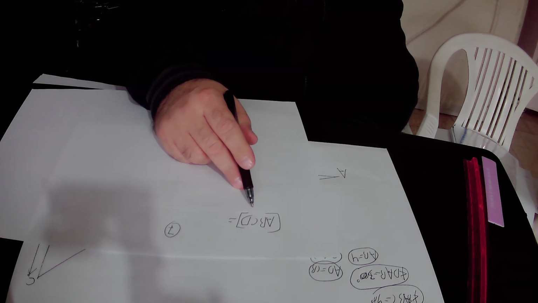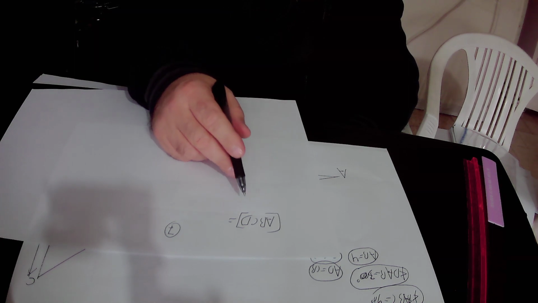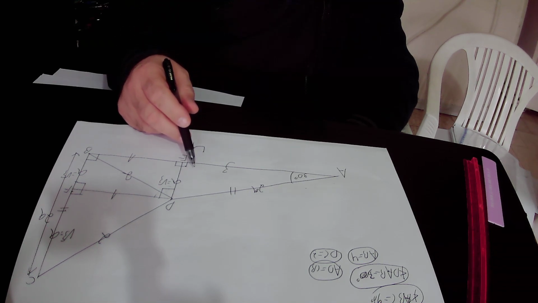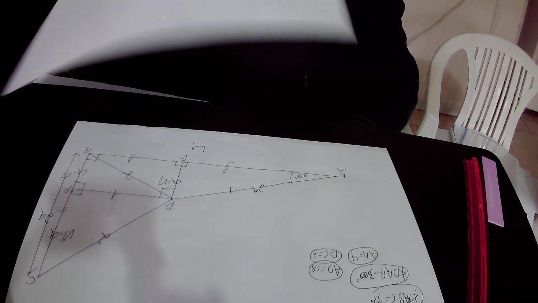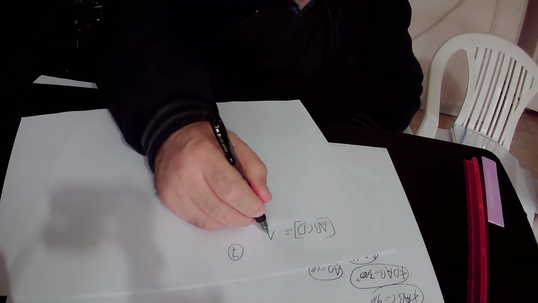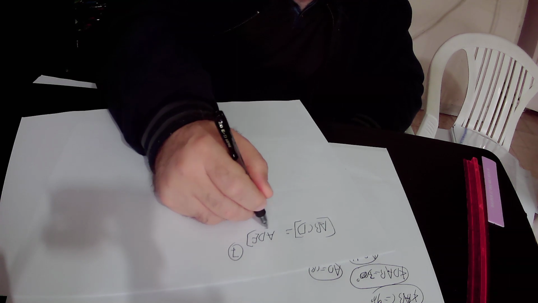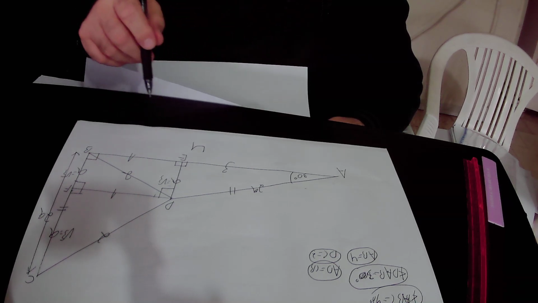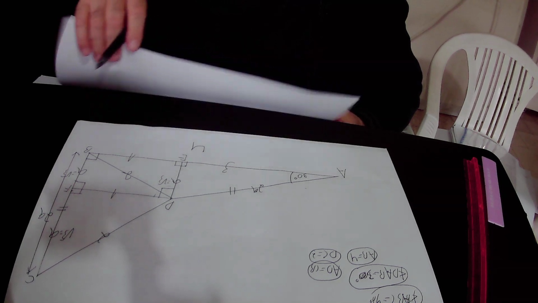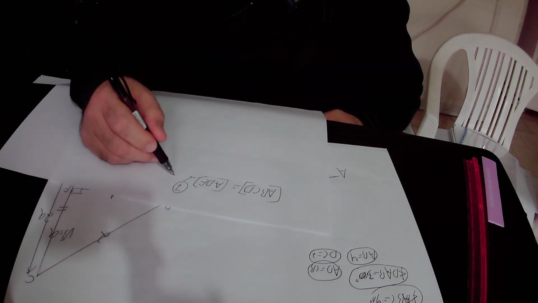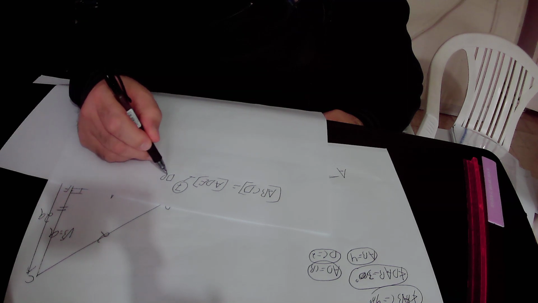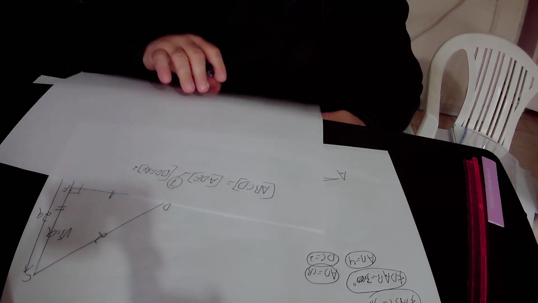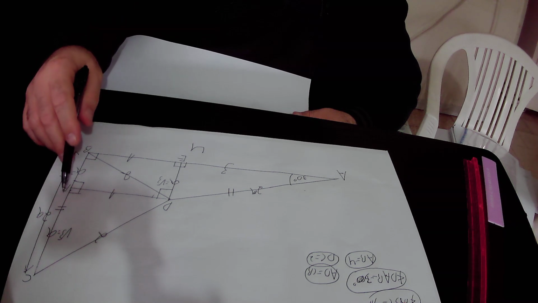This means the area of quadrilateral ABCD will be equal to the area of the right triangle ADE, plus the area of rectangle DFEB, plus the area of the right triangle DCF.